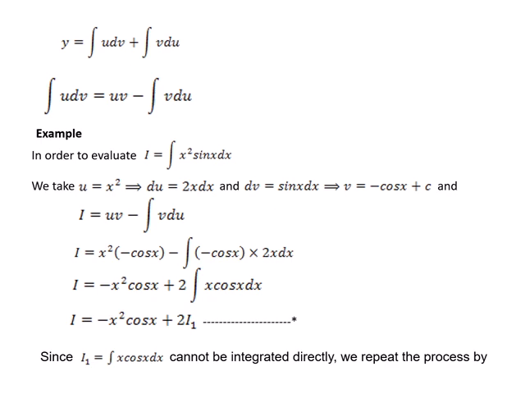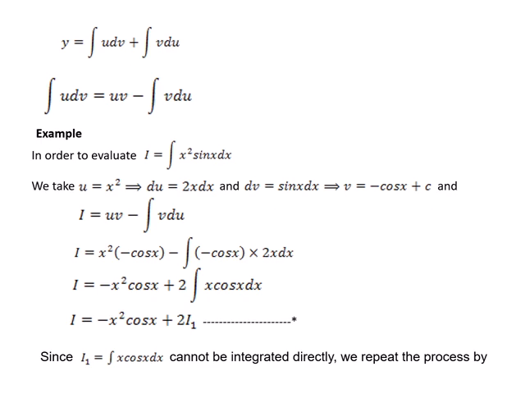So we now solve. Use s squared to open this bracket. We have minus s squared cos s. Now, the next one is what? The integral there is minus integral of minus cos s multiplied by 2s ds.